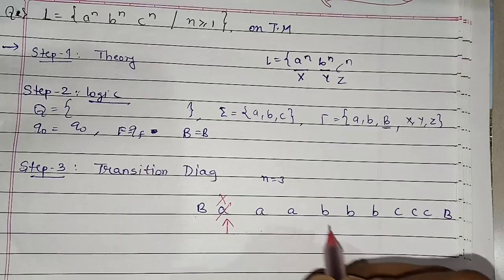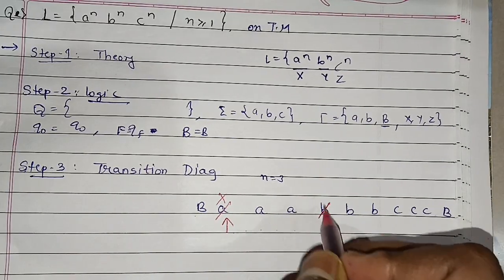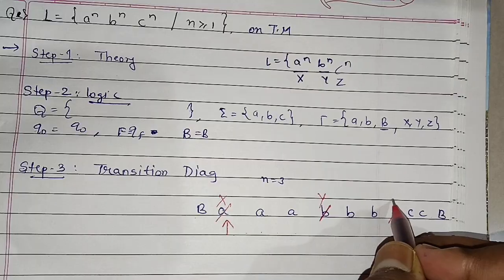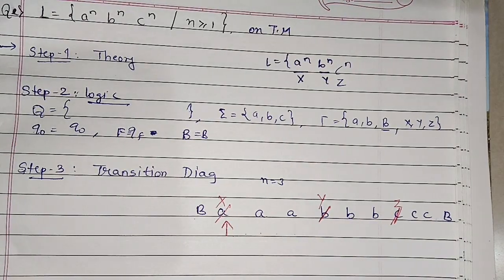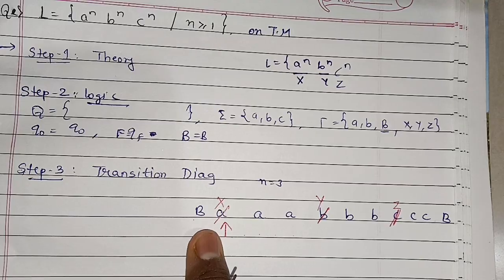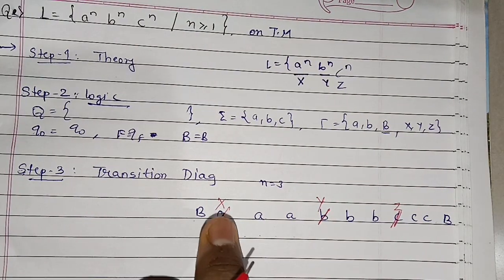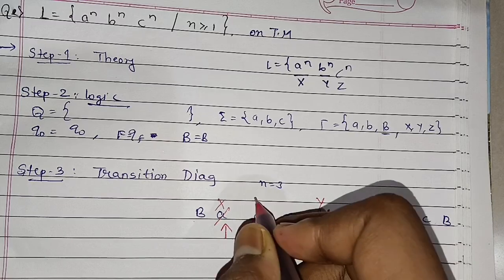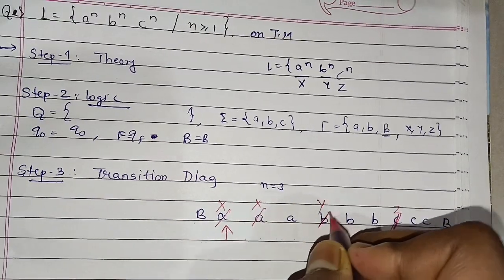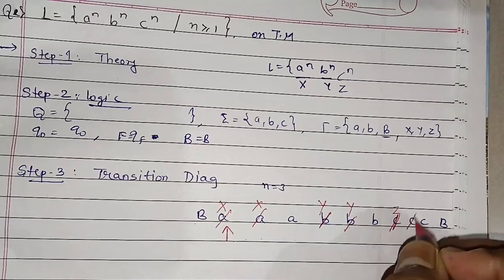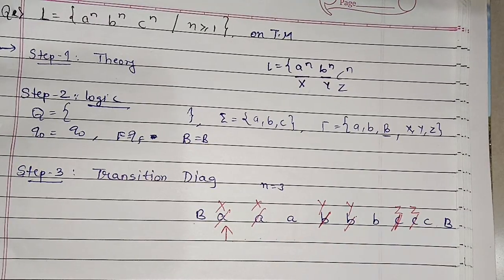I will move forward, the first b I will make it y. Again I will move right, and the first c I will make it z. Again I will move left till I get x. If I get x, now go to a again, make it x, and go to b again, make it y, and go to c again, make it z.